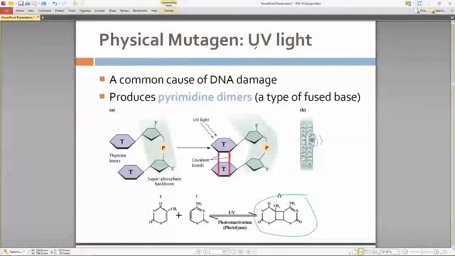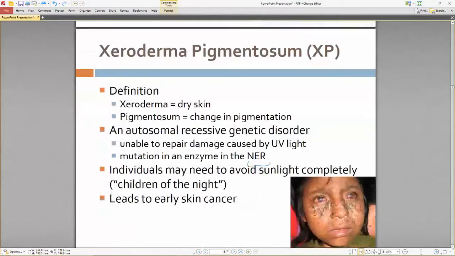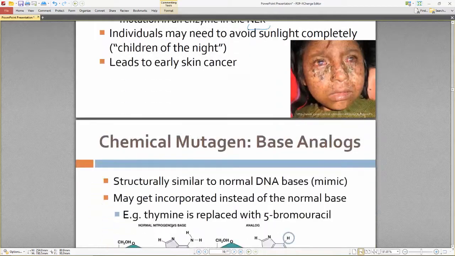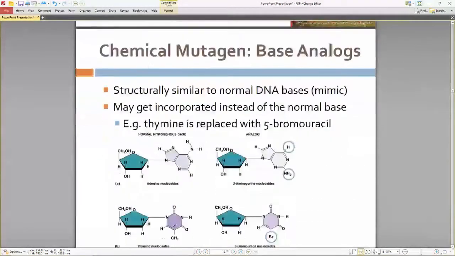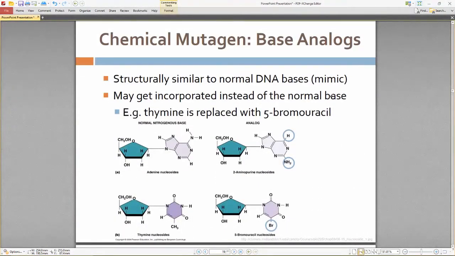I think we'll learn what this term is in just a second. Remember we said that UV light creates pyrimidine dimers. So that's why people with xeroderma pigmentosum may need to avoid sunlight completely, because UV light from the sun can create these dimers that they do not have the ability to correct.